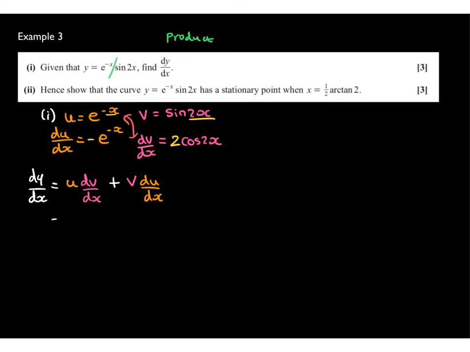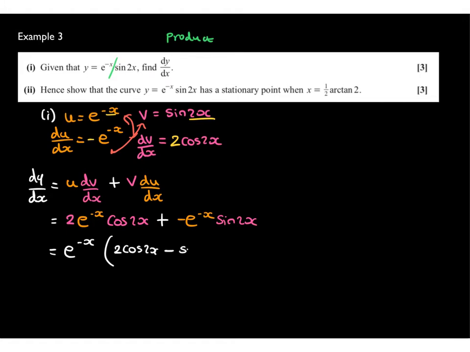Now this gives me 2 e to the negative x cos 2x, and then I want to add on v multiplied by du by dx, so that's negative e to the negative x sine 2x, and I'm going to factorise, so take out e to the negative x, and then we have 2 cos 2x minus sine 2x here.